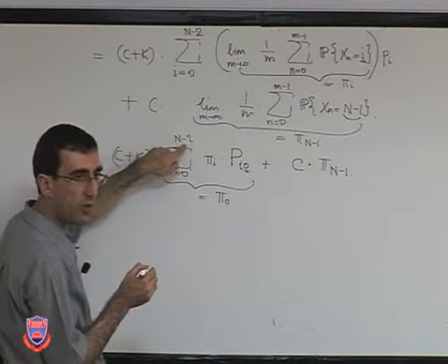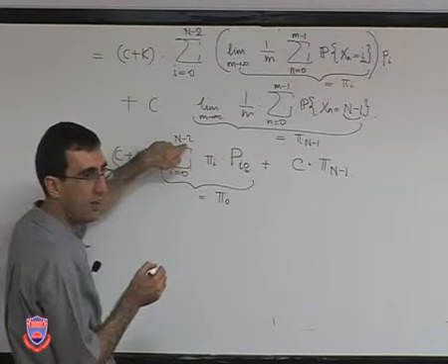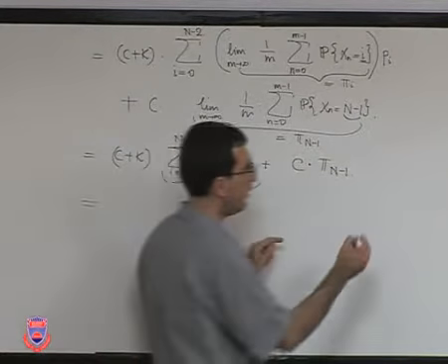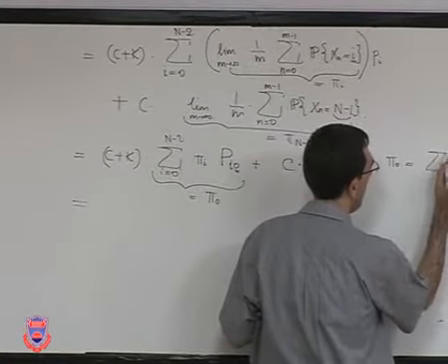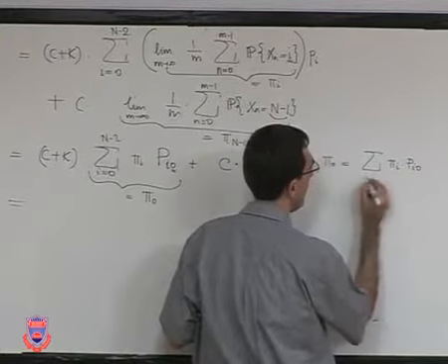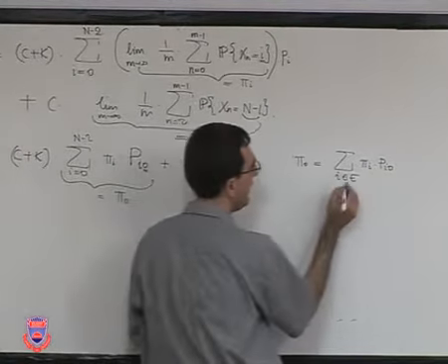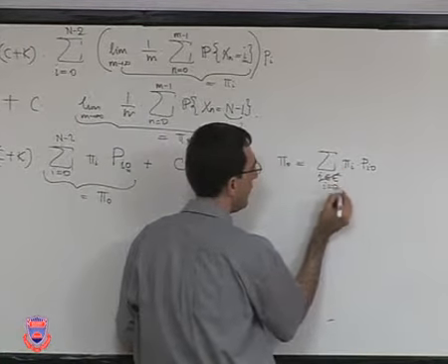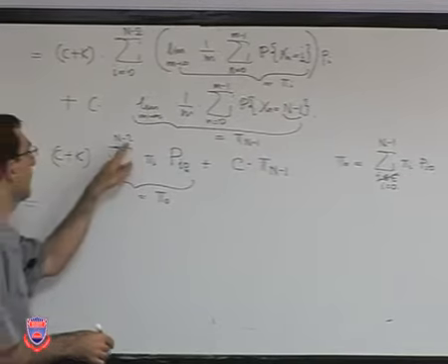This goes all the way up only to n minus 2. Where is n minus 1? Remember, pi_0 equals the sum of pi_i times p_i0 when i changes in the state space. In this case, state space is from 0 to n minus 1. That one is missing.